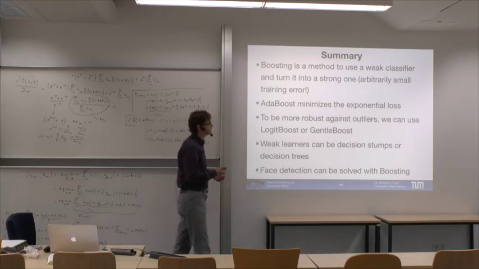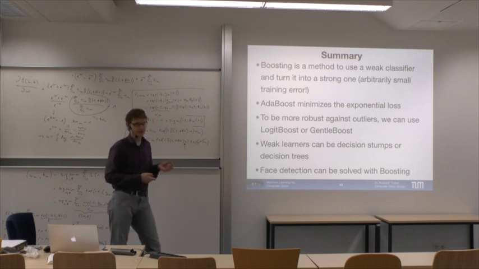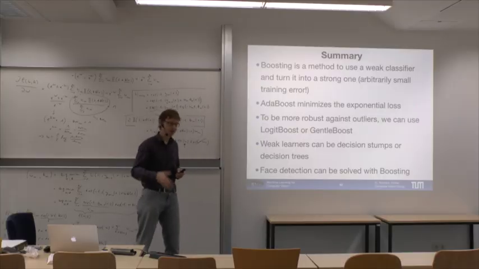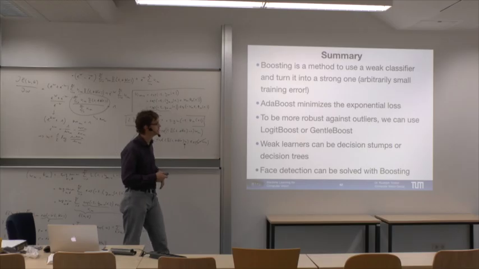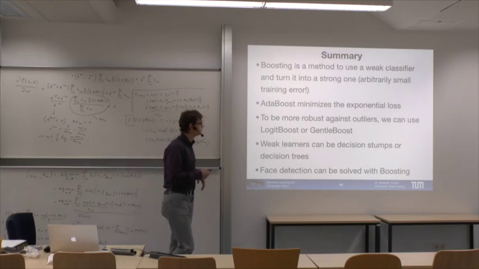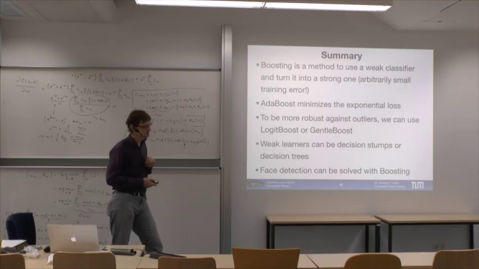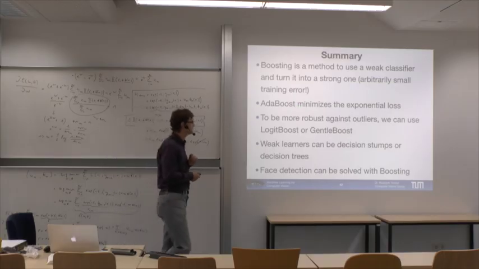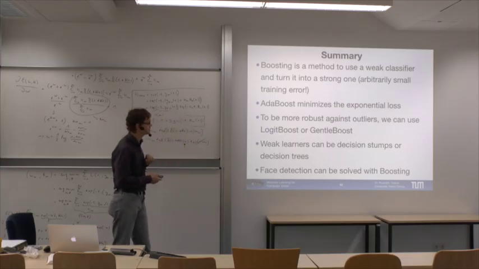But in contrast, boosting algorithms like Adaboost are strong classifiers. And strong means that they have an arbitrarily small training error. You just add more training rounds to it, and the longer you train, the better your training error gets, right? So particularly Adaboost minimizes the exponential loss. And then there are other variants of boosting, for example, LogitBoost and Gentle Boost.